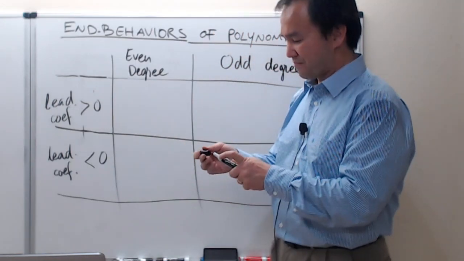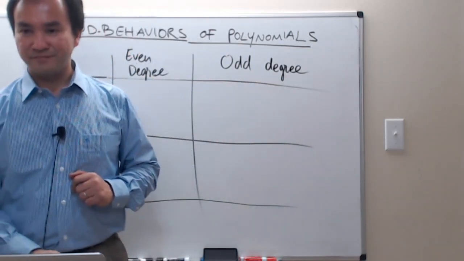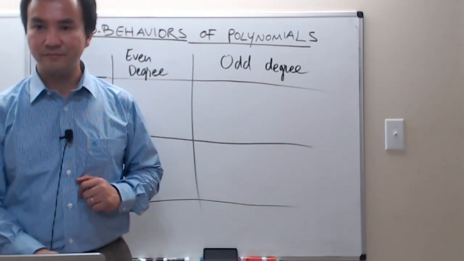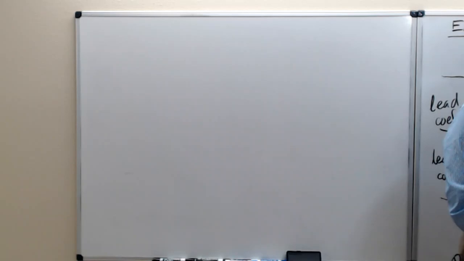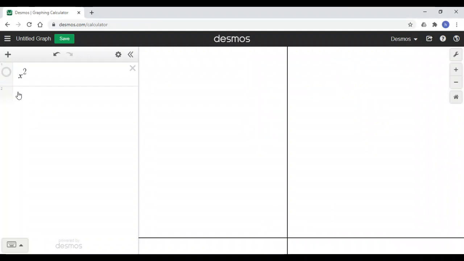So now, allow me to turn on my graphing calculator here. Right now, the current one that still remains on my graphing calculator is the x squared function. This one here has what? Leading coefficient 1, positive leading coefficient, and even degree. But let's look at another one.